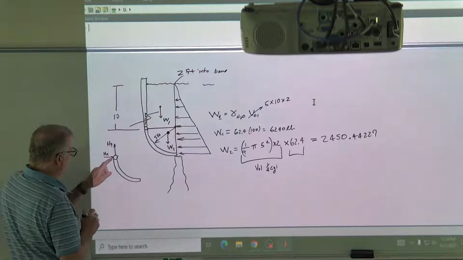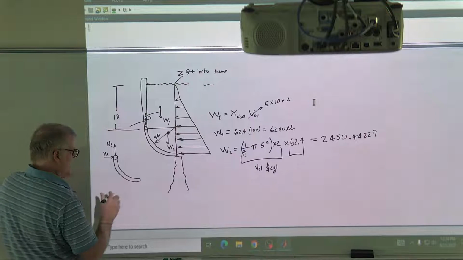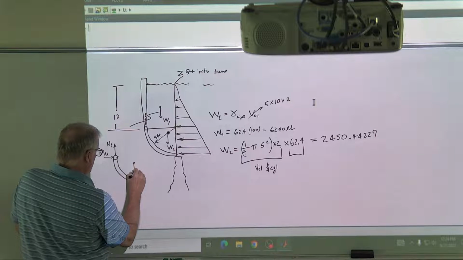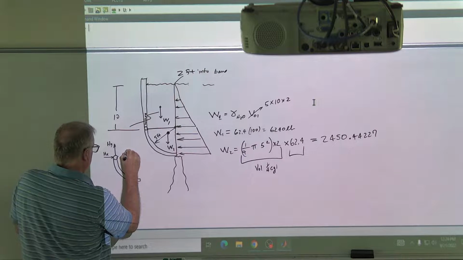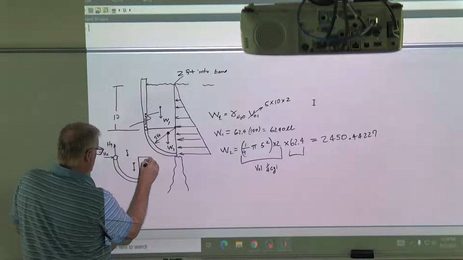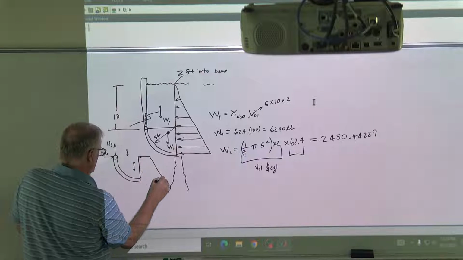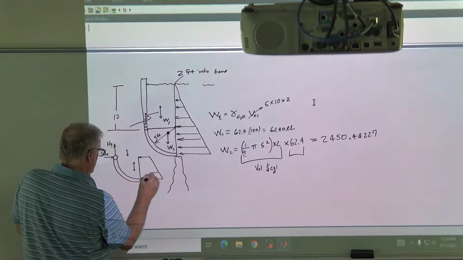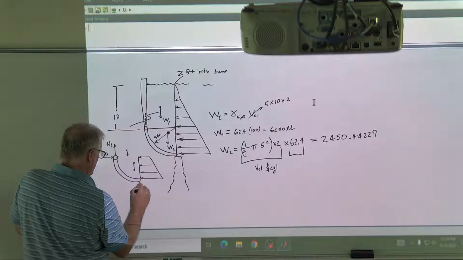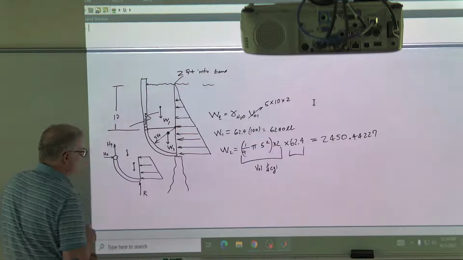And we'll sum moments about there anyway, so we don't care. But I've got a weight that comes straight down here and one that comes straight down here. Then I actually have this over here, and I have the result.